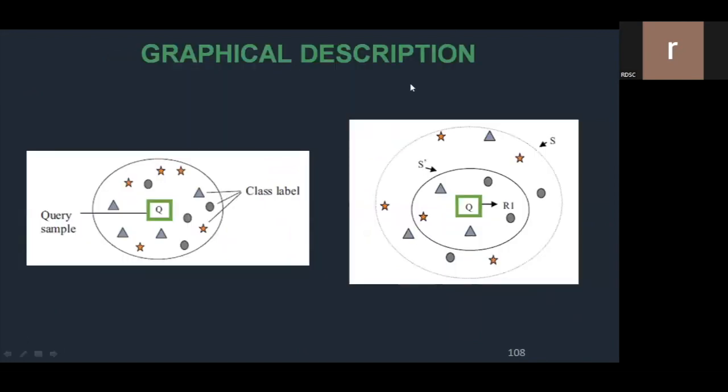This is a graphical representation. We have one sample space with different types of samples and classes, and some query sample which exists in this sample space. The task is that this sample space S keeps decreasing iteratively up to S dash, and when S dash is reached our algorithm stops, as no more decomposition is possible for this classifier. For doing this we have a mathematical rule.